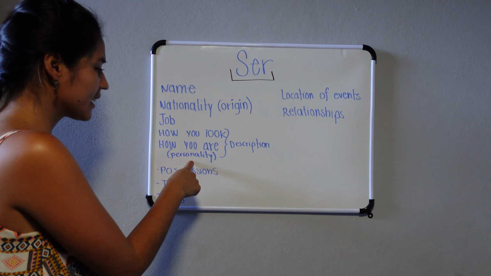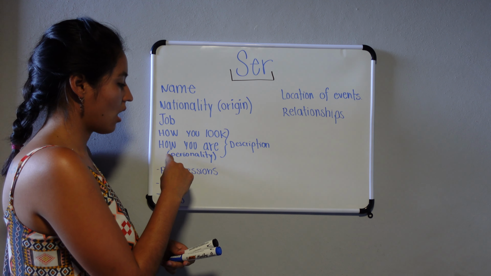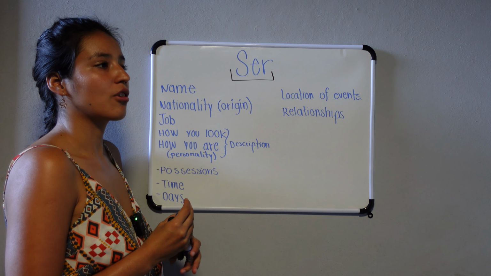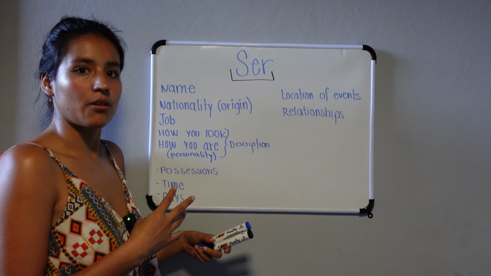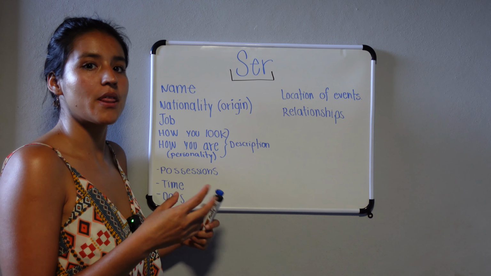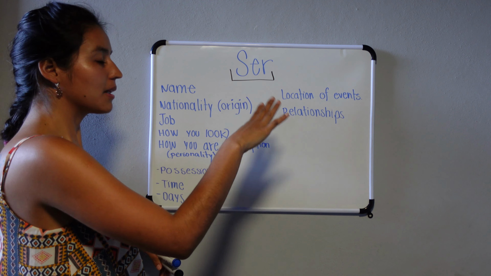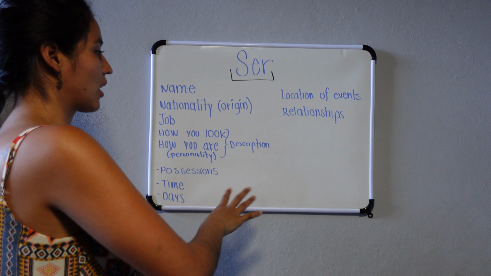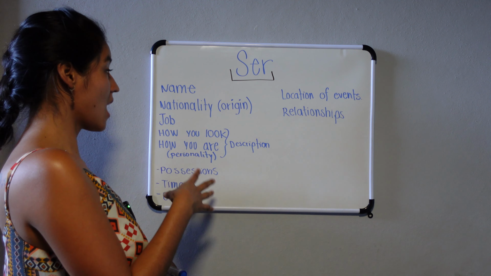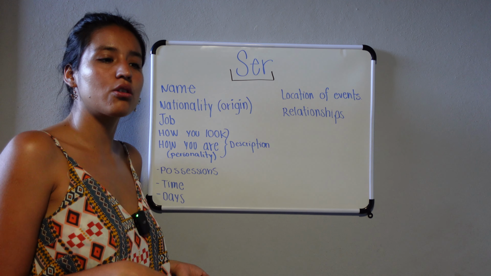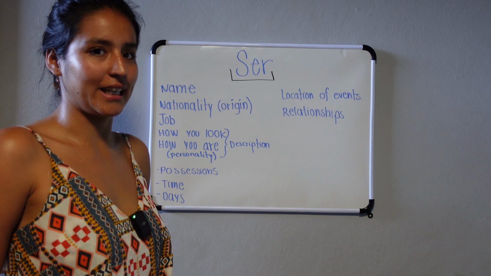Also, here I'm talking about how you look, how you are, but you can also describe things, okay? It's not just people, but things. So I'm gonna develop this a little bit better. This was just all the times when we use it, but now I'm gonna give an example with every single one so you have this a little bit more clear.